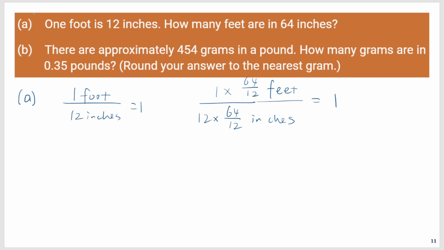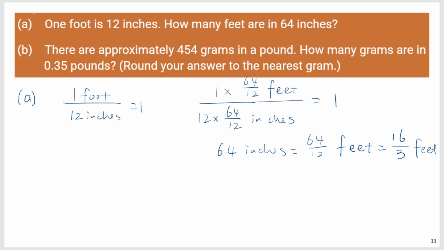It still equals 1, right? That means 64 inches equals 64 over 12 feet, which gives us 16 over 3 feet, right?